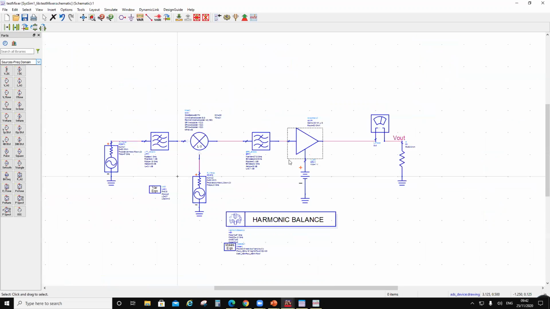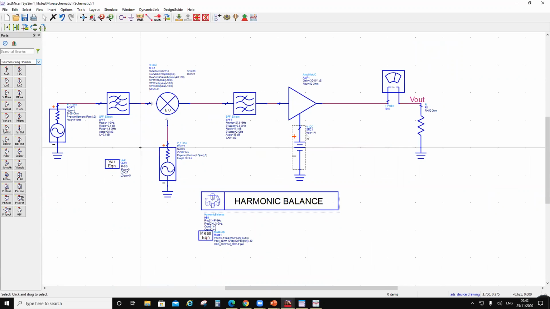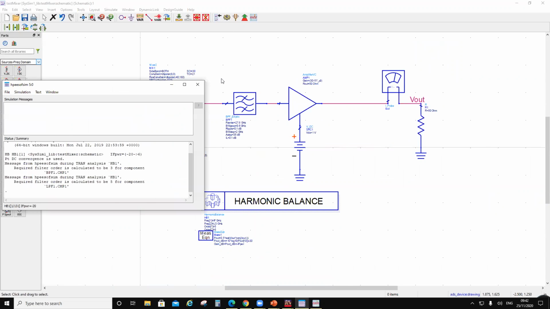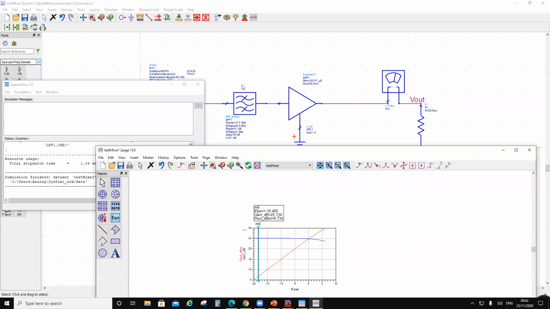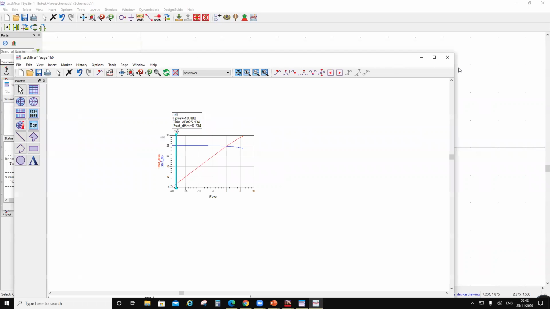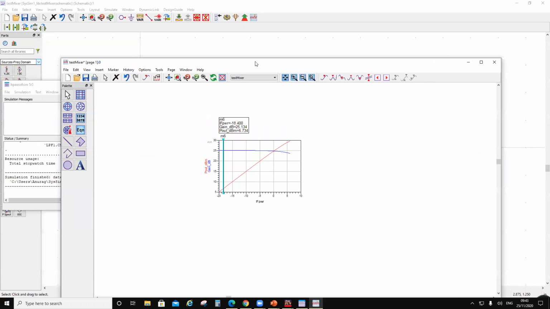Here, I don't have to change anything. I'll just run the simulation and you are going to see 25 here. And it will be compressing, well, 1 dB compression. So basically 7.5 plus 15, which is 22.